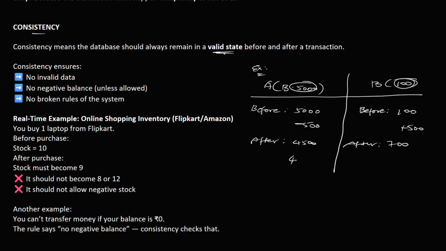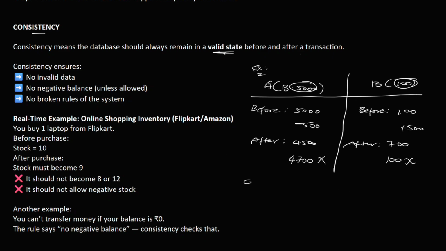But if it is showing 4,700, it is invalid data. If it is still showing 100 rupees, then it is invalid data. So consistency will make sure that the data is in a valid state before and after the transaction.